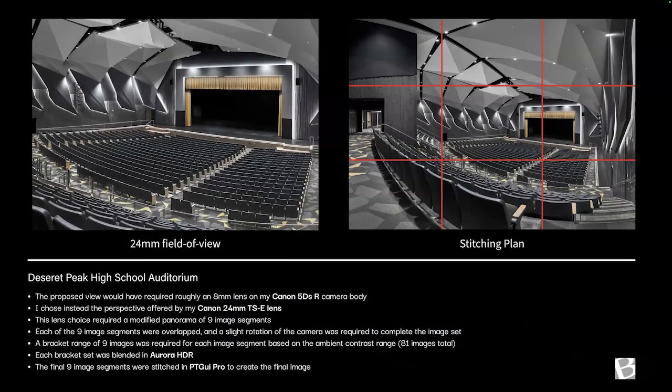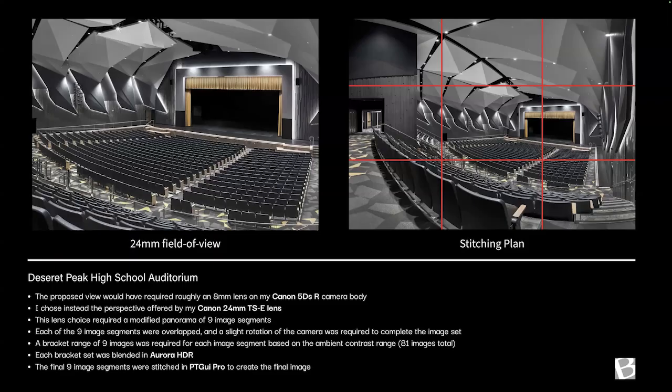So I went back the next day. Now, so this is the finished shot, but I wanted to use a 24 millimeter lens because the 17 just looked stupid wide to me. And I probably should have showed you the finished shot that I did for them. But this is the 24 millimeter field of view on the left here, which is not really very wide, considering how big that auditorium is.